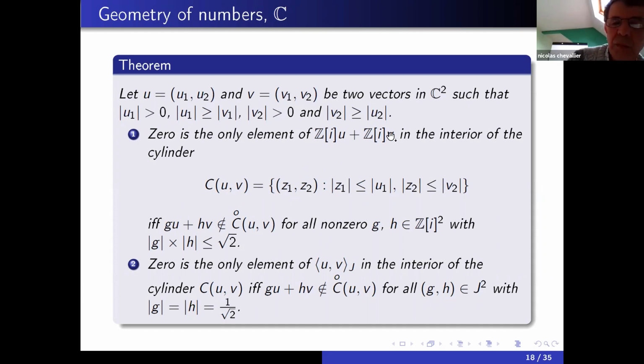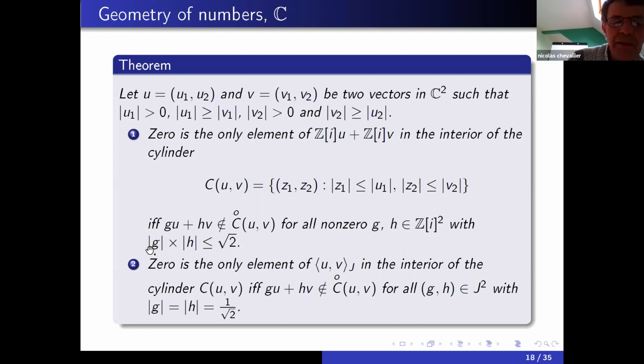To check that no point of this lattice is in the interior of this cylinder, it is enough to check that all the linear combinations G times U plus H times V are not in the interior of the cylinder for all the non-zero Gaussian integers G, H with modulus smaller than square root of 2.